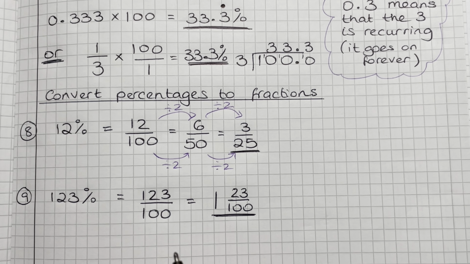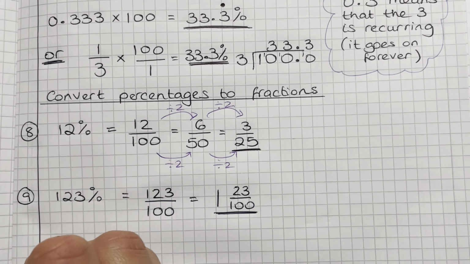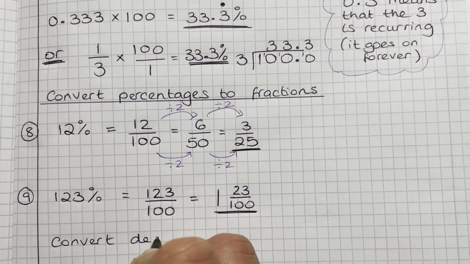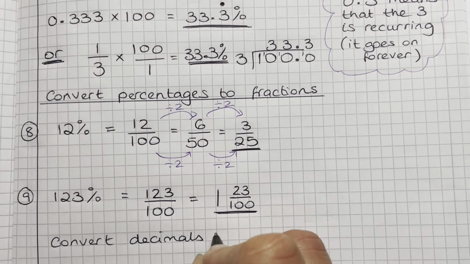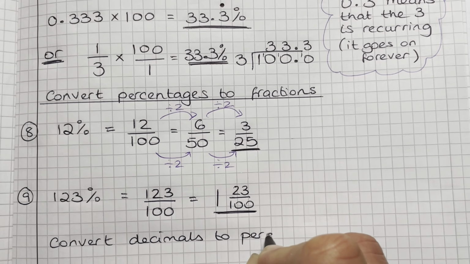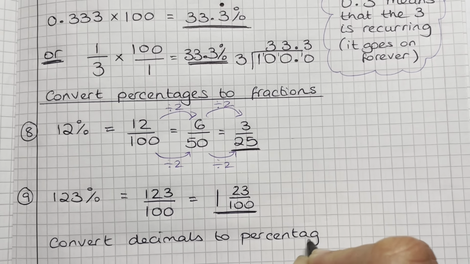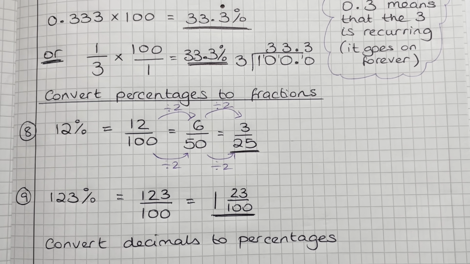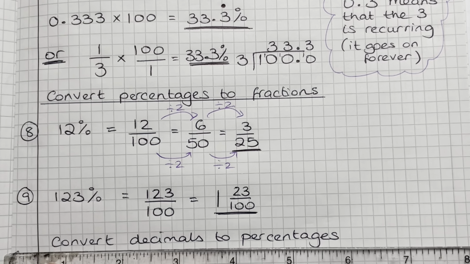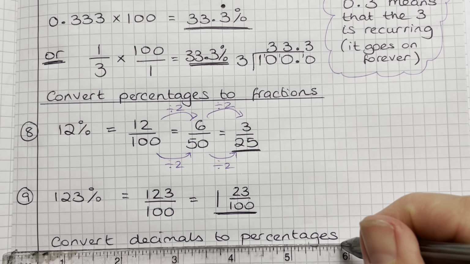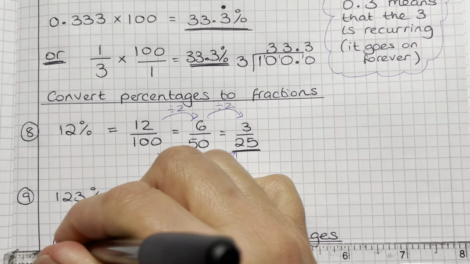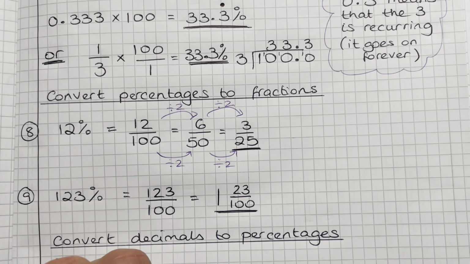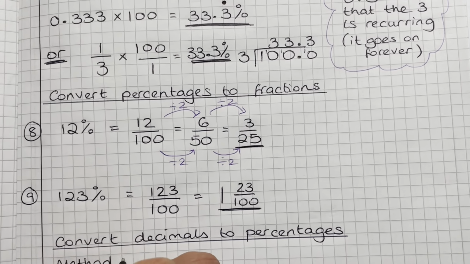Now let's look at converting decimals to percentages. We talked about that briefly above, when we looked at 1/3. Okay, so we can use 2 different methods.